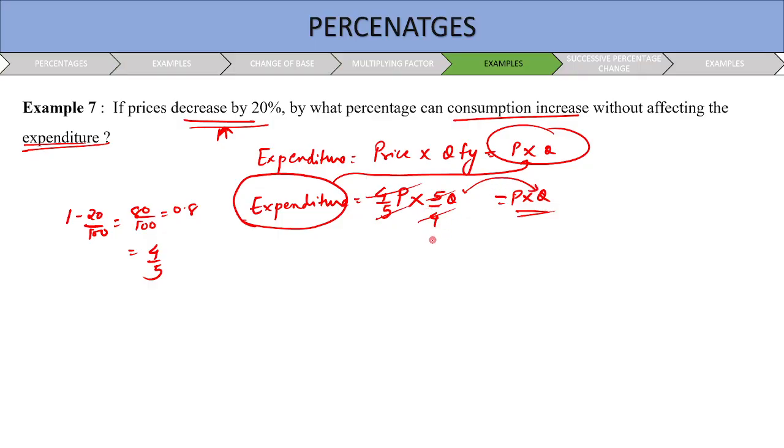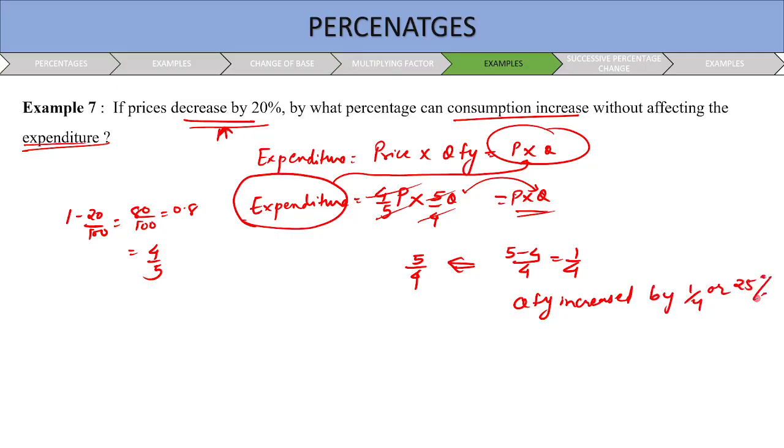So my Q, you see the coefficient of Q is 5 by 4. So what can I say about this 5 by 4? That this is 5 minus 4 by 4, which is 1 by 4. Hence my quantity increased by 1 by 4 or 25%.